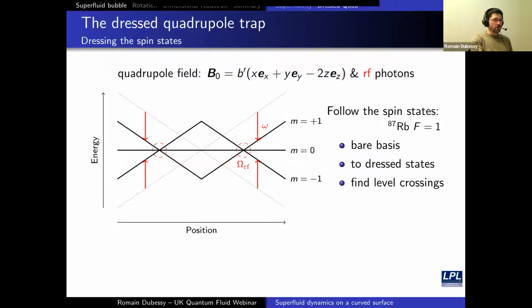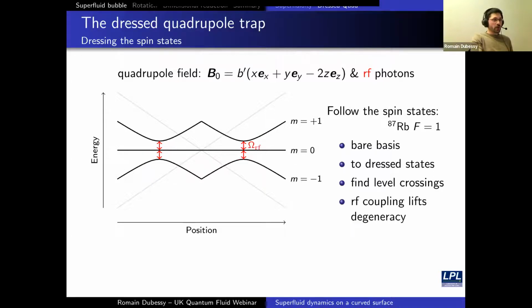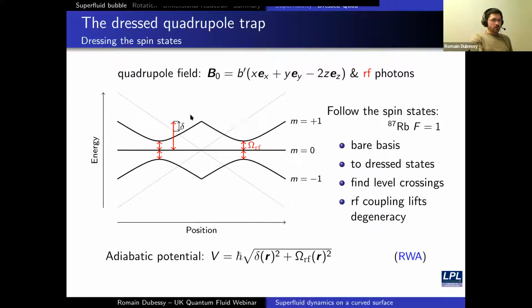So usually, using the rotating wave approximation, we find that the potential has a well-defined local minimum at a given position in space, given by the resonance condition between the radio frequency energy and the Zeeman substate energy difference between the different states. This usually results in a very simple formula to describe the potential.